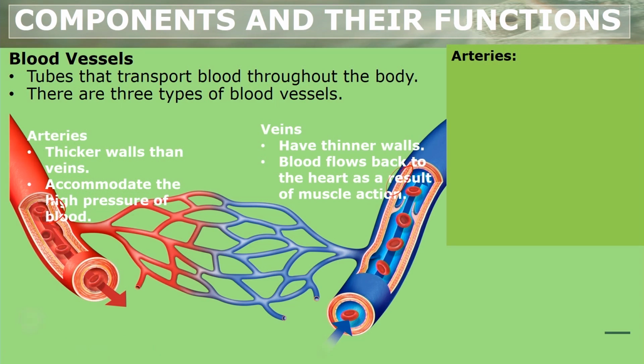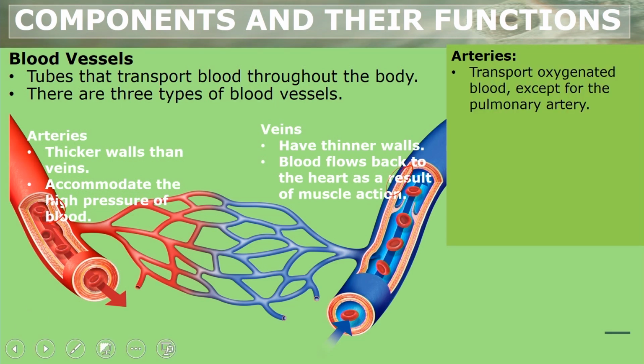And in our tip box, something to help you remember: arteries transport oxygenated blood, but there's an exception for the pulmonary artery. The word pulmonary refers to lungs, and we will see how the pulmonary artery does not carry oxygenated blood like all the other arteries in the body.